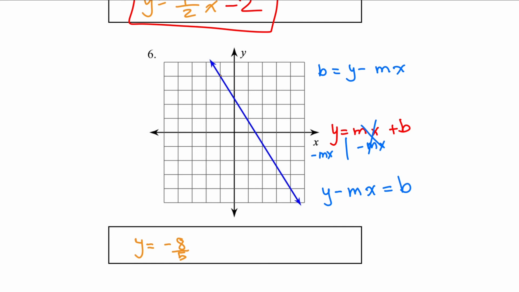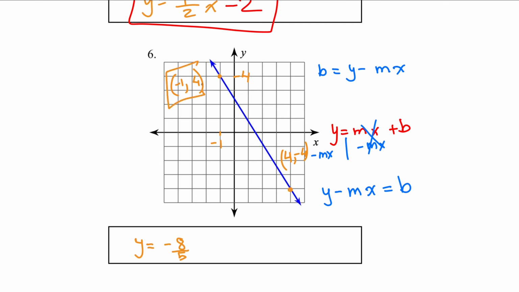Now, we just have to pick a point, either this one or this one, and we just have to plug in the y and the x and our slope, which we figured out, and we're going to get the value for b. So we could either pick this point, which is -1, 4, or we could pick 4, -4.